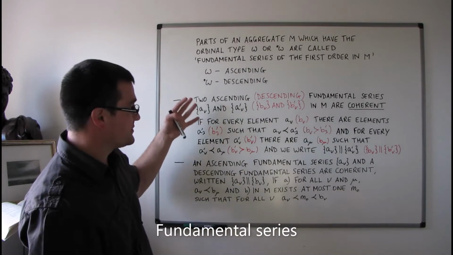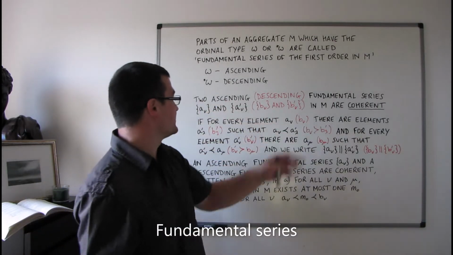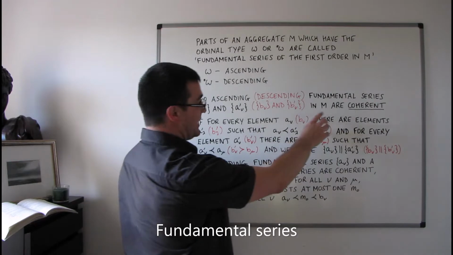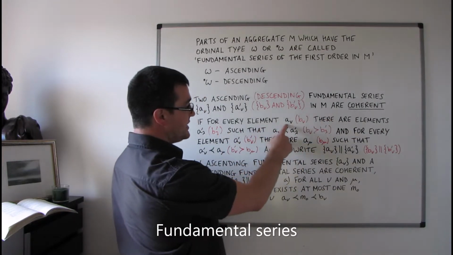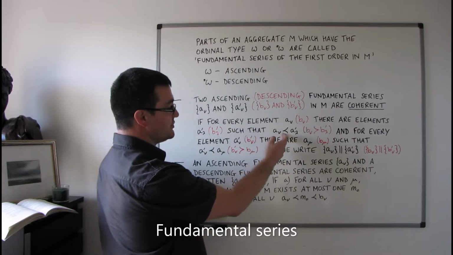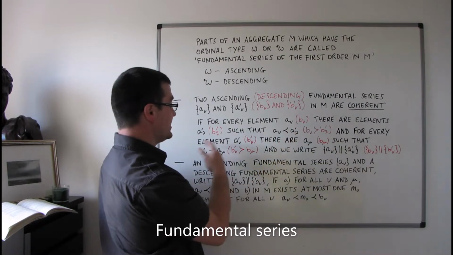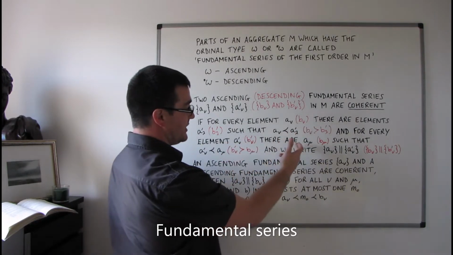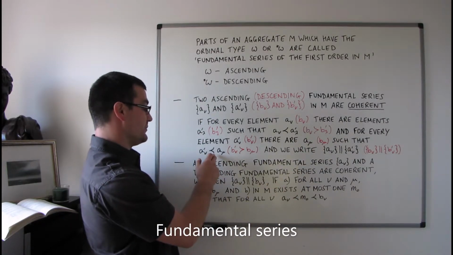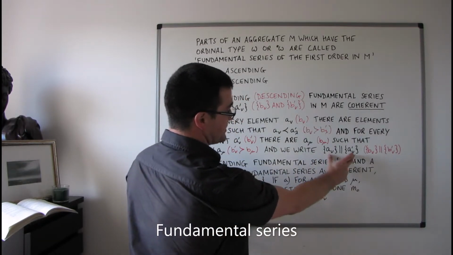But I'll just talk about the case for ascending fundamental series. Two ascending fundamental series, a nu and a primed nu in M, are coherent if for every element a nu there are elements a lambda primed such that a nu precedes a lambda primed, and for every element a nu primed there are a mu such that a nu primed precedes a mu, and we write this in symbols here.